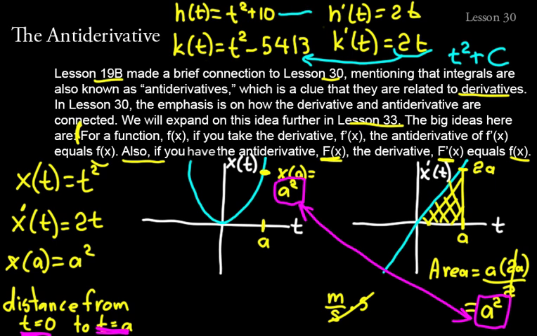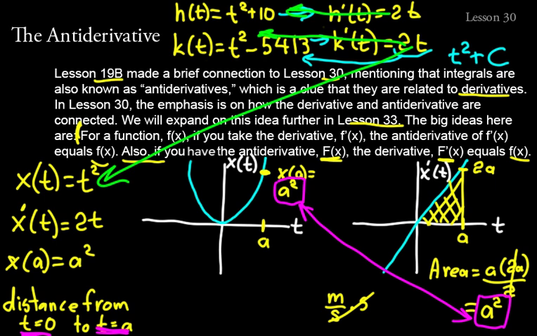We can go this way easily enough, finding a derivative, but going back by taking the antiderivative is different, because 2t could be the derivative of h of t, it could be the derivative of k of t, it could be the derivative of x of t. To undo that derivative, meaning take the antiderivative, there's an infinite number of options.